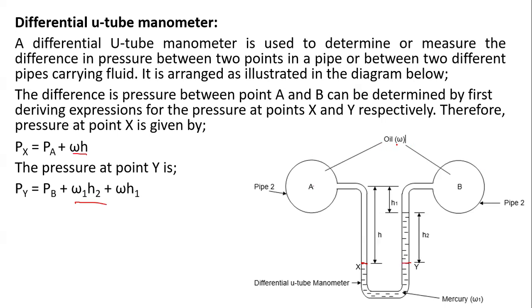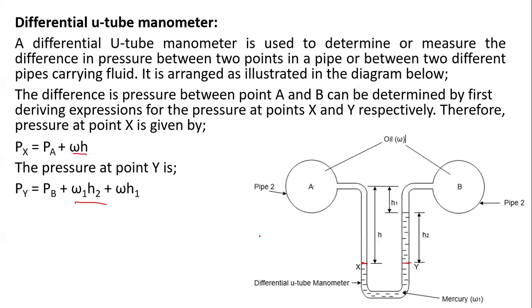It's oil, so both of them carry omega. So specific weight, which is omega, times H1, representing this height here. So you put together the pressure from those liquid columns above Y plus the pressure at B. What do you do next?